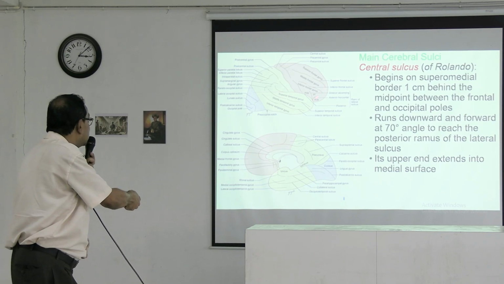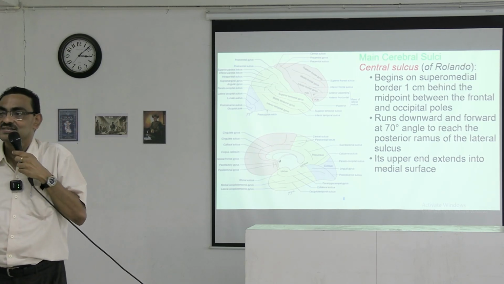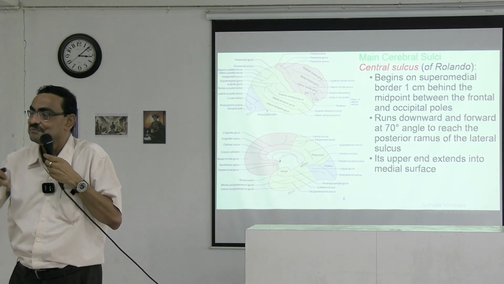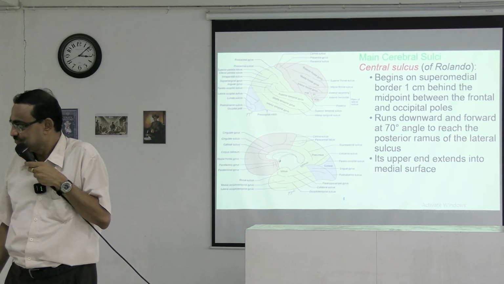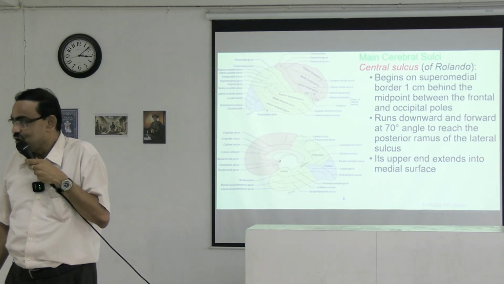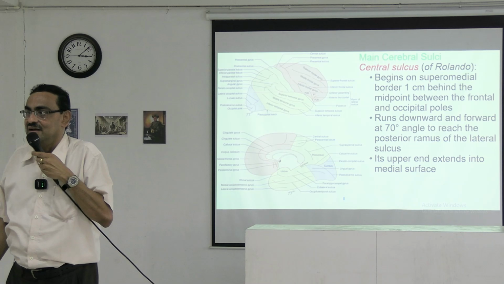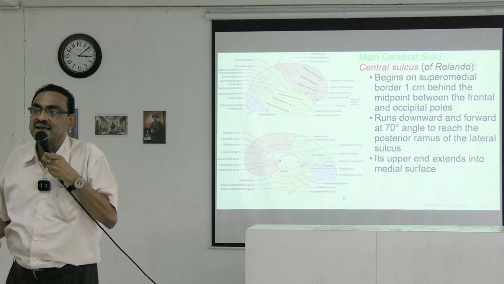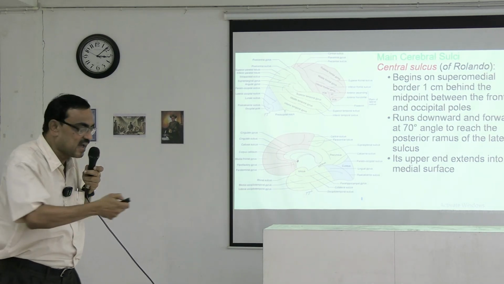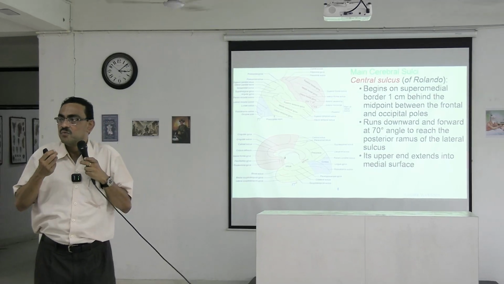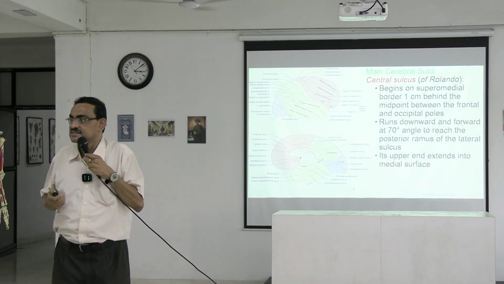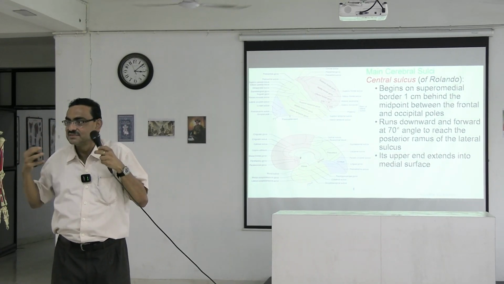This area is Broca's area, and they are connected by Heschl's gyrus. So what we can get in sensory aphasia, we cannot sense the words.